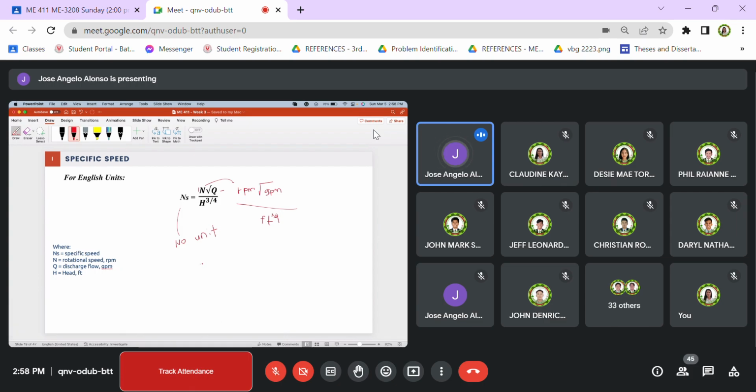So we can assume that this is an empirical equation or acquired by the engineer during numerous testing or during numerous investigation. Kaya nakapag-acquire tayo ng ganitong equation. So please remember na lang siguro guys or class, yung unit na ginagamit natin dito, please use for rotational speed in RPM, discharge flow in gallons per minute, and head in feet.